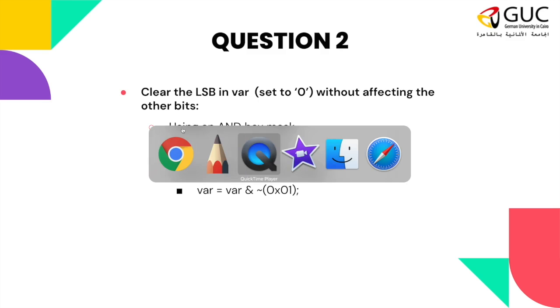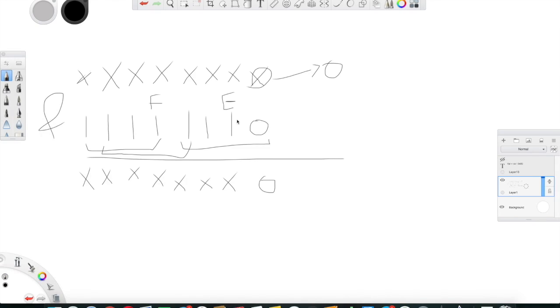If we go back to our sketch, instead of ANDing with 1, 1, 1, 1, 1, 1, 1, 0, I can AND with the negation, and this is the sign of the negation, with what? 0, 0, 0, 0, which will result in a 0 in hexadecimal, and 0, 0, 0, 1, which will result in 1 in hexadecimal.